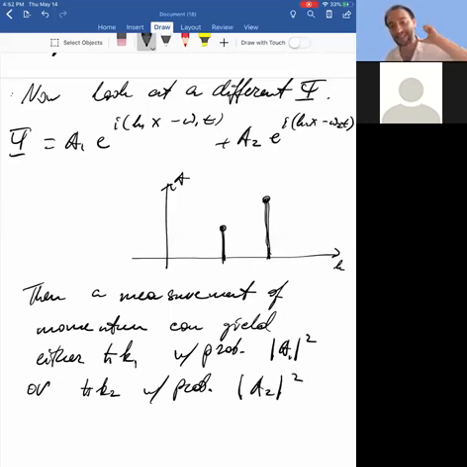So I wanted to make this concrete. What does it mean to say that the square of the amplitude of the Fourier transform gives the probability distribution? Here's a simple example where your wave function is just made up of 2 harmonics. And then it turns out that these coefficients right here give the probability of obtaining either momentum h bar k1 or momentum h bar k2.